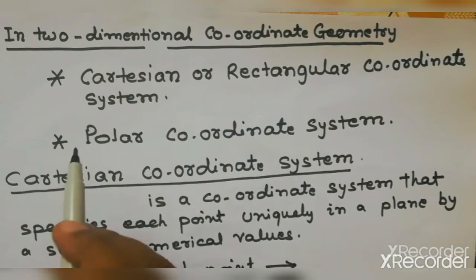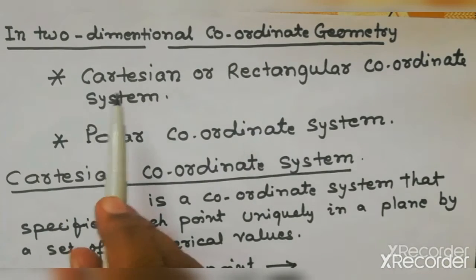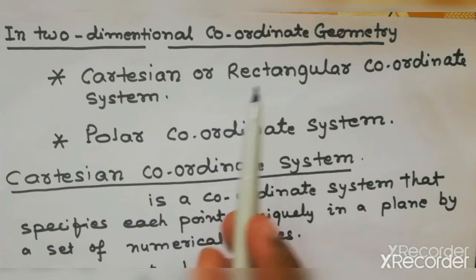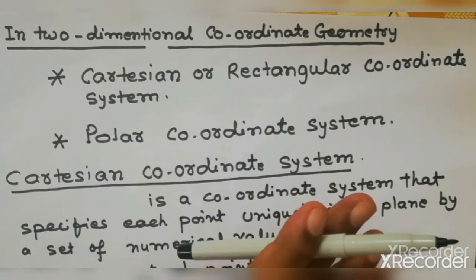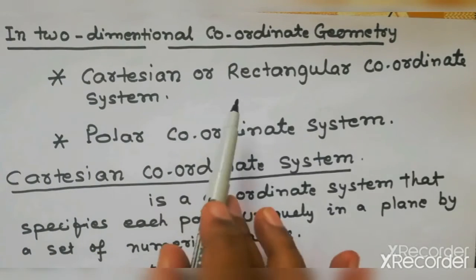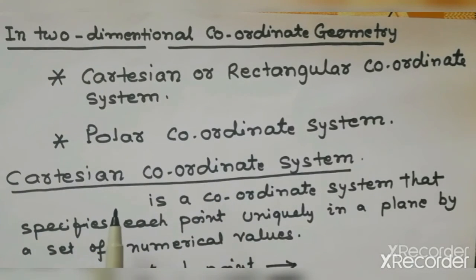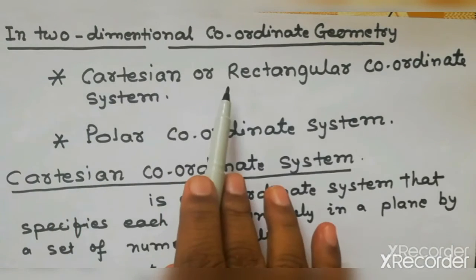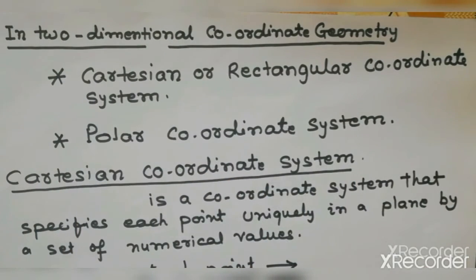In two-dimensional coordinate geometry, we use two types of coordinate system. First one is the Cartesian or rectangular coordinate system, and second one is the polar coordinate system. We study here the Cartesian or rectangular coordinate system only.